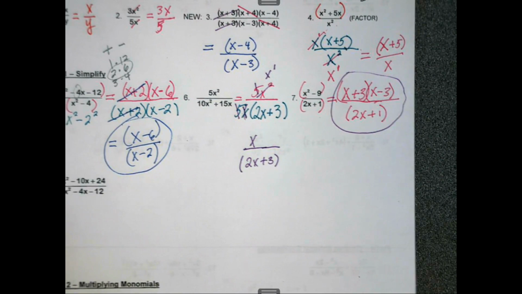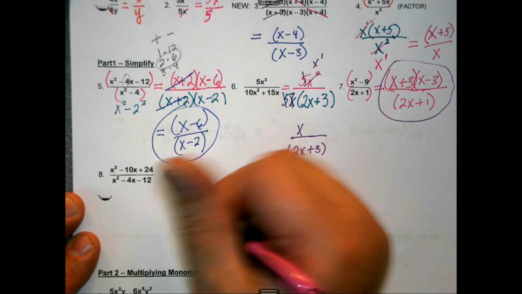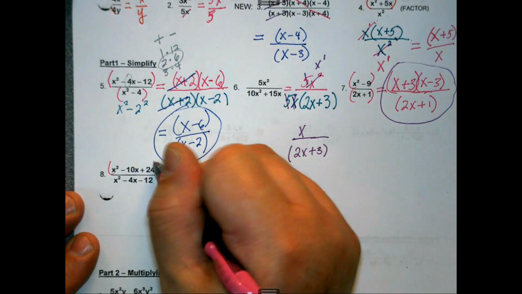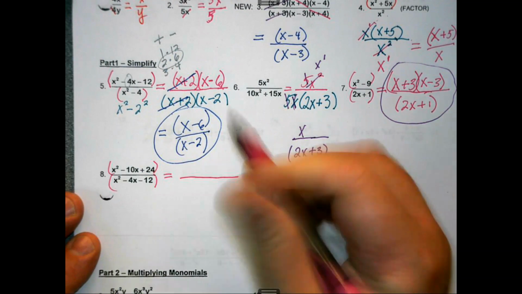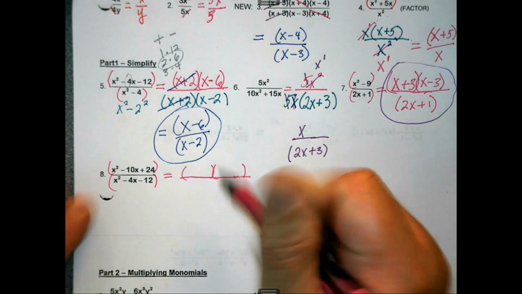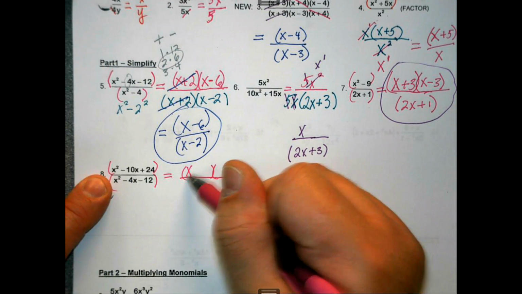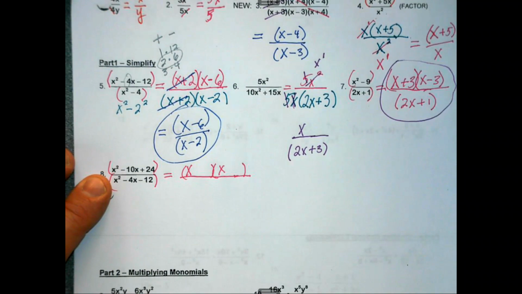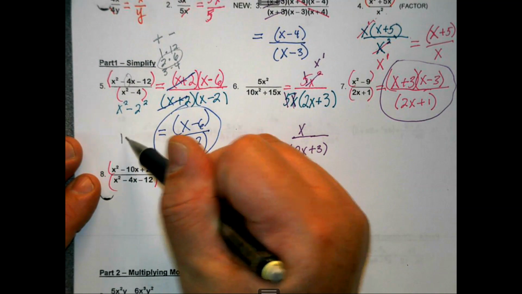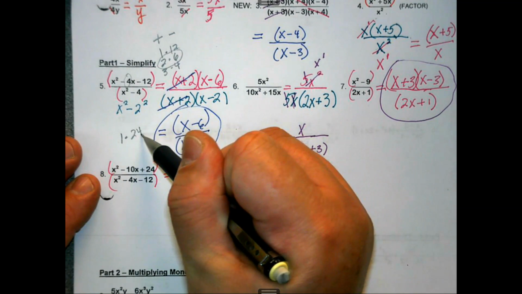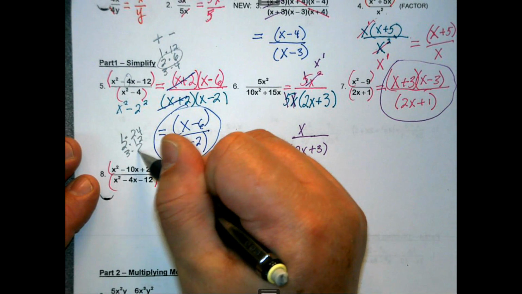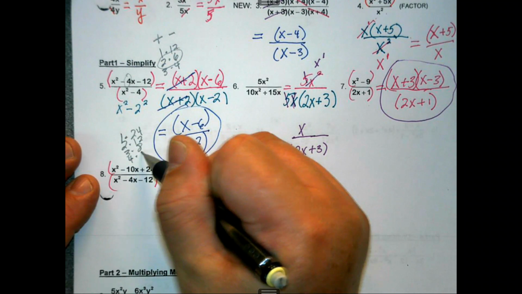And the last one. Can I factor the numerator? Yeah. Okay. Let's see, only one way to get x squared, x times x. Factors of 24: 1 times 24, 2 times 12, 3 times 8, 4 times 6.